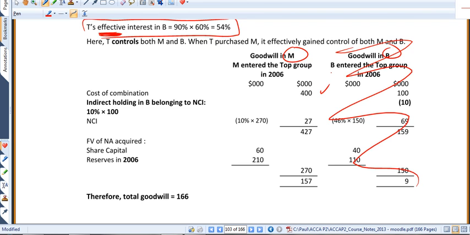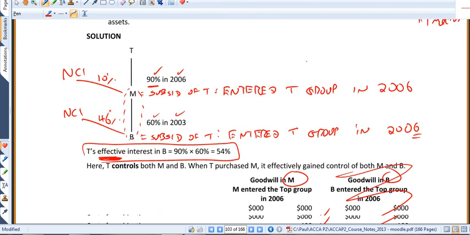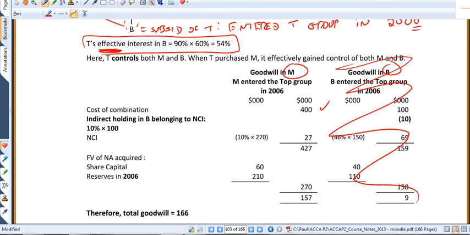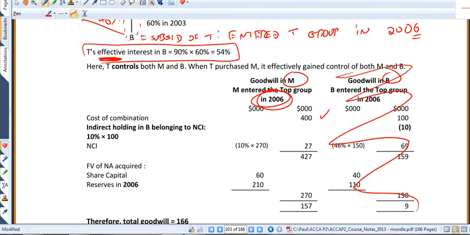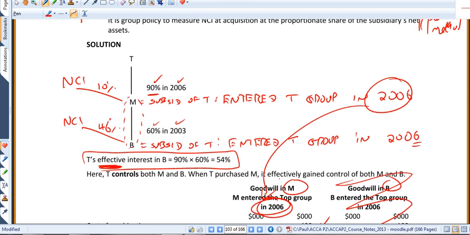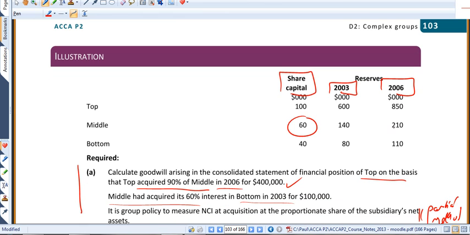When we bought middle, it cost us $400,000. So that's what we paid, $400,000. And when we bought middle in 2006, notice that's when middle entered our group, 2006. According to the table at the top of the page, middle would have had share capital of 60, and in 2006 they would have reserves of 210.